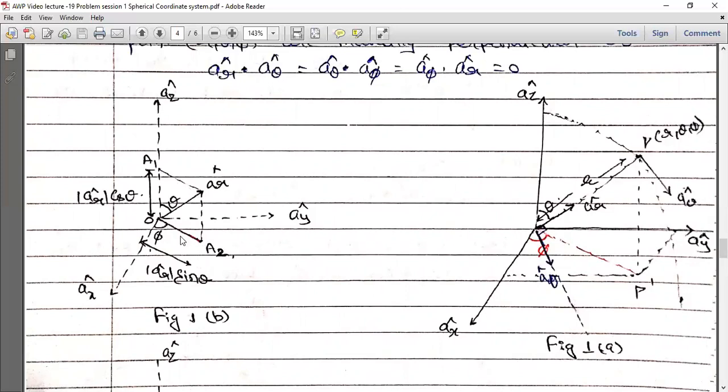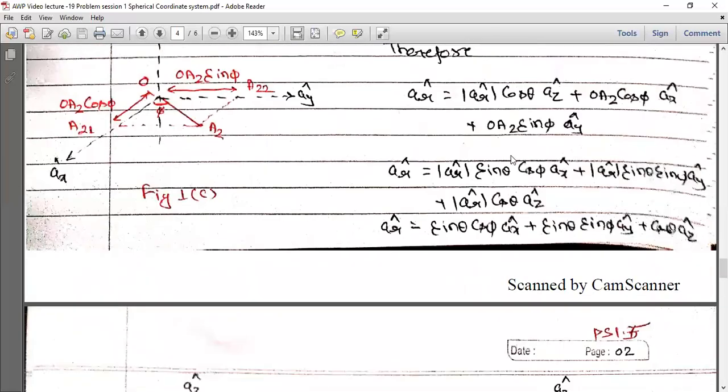And then we resolved this component in the xy plane into two values, one along the x-axis and one along the y-axis. In this manner, we have found the component of AR cap along the x, y and z axes. And once we have the components of a vector along the x, y, z axes, we can represent this vector AR cap as the component in the z direction times az cap plus the component in the x direction times ax cap plus the component in the y direction times ay cap.